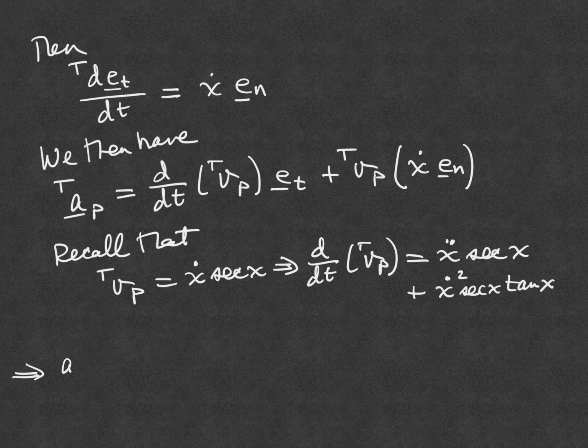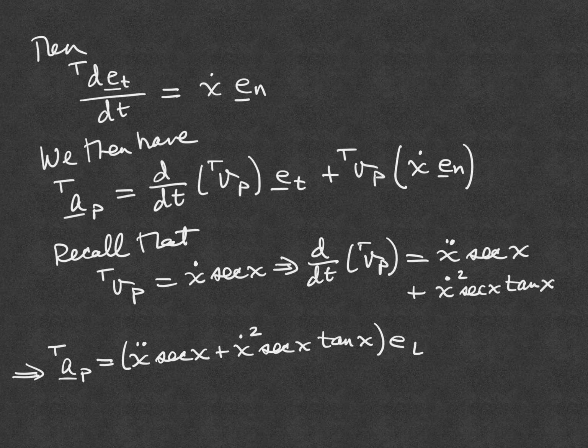So we wind up with the acceleration of point P as viewed by an observer fixed to the track being equal to x double dot secant x plus x dot squared secant x times the tangent of x, the whole thing times the tangent vector, plus x dot secant x times another x dot, because there's a second x dot multiplying en, so we wind up with x dot squared secant x times en.